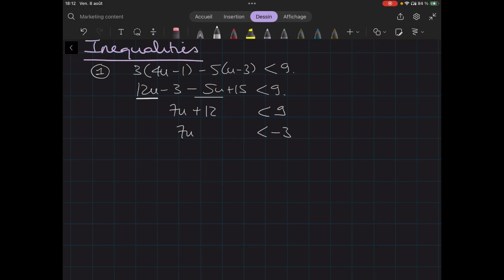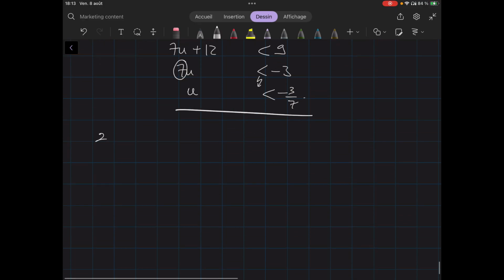Since we are dividing both sides by a positive number, the sign does not change. That's it. Question 2. You are given that a and b are positive and 0 is less than a less than b.